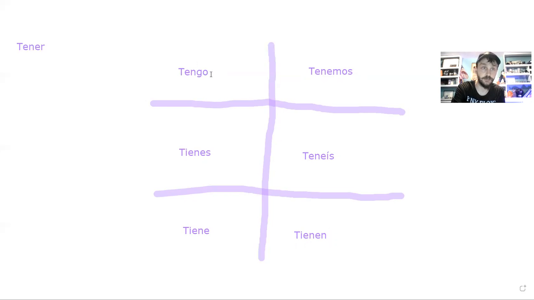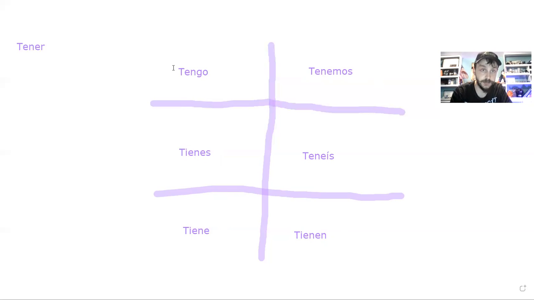So in the indicative present tense of the Spanish verb tener, you got yo tengo, tú tienes, él tiene, ella tiene, usted tiene, nosotros tenemos, nosotras tenemos, vosotros tenéis, vosotras tenéis, ellos tienen, ellas tienen, y ustedes tienen.